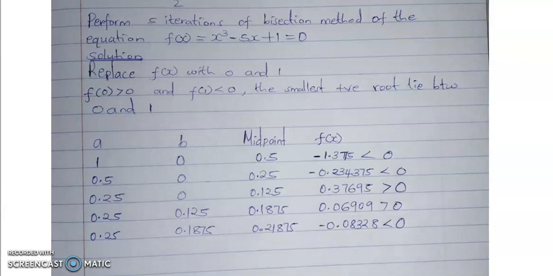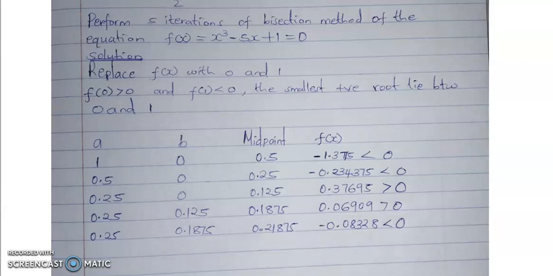Now, replacing 1 in the function f of x equals x cubed minus 5x plus 1, that will be negative 3, and negative 3 is less than 0.